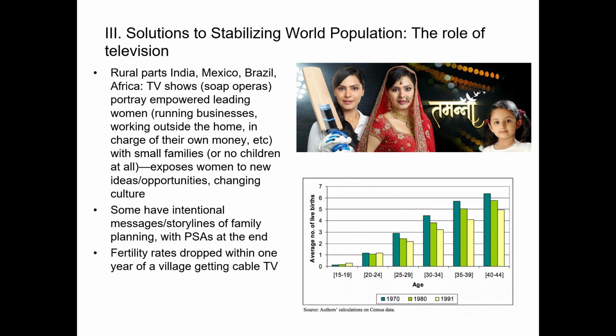They went to the ends of having public service announcements at the end of these TV shows and soap operas, and within the storylines they had family planning, where characters would say, I'm not having any more children because I want to live this lifestyle. Then at the end, they would reiterate that in some sort of PSA about birth control and about smaller families. And it worked.